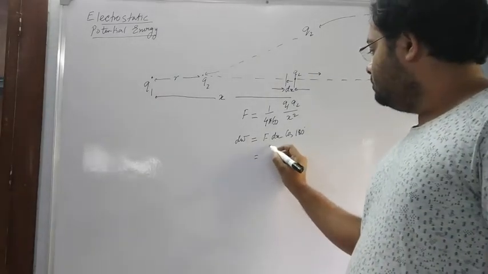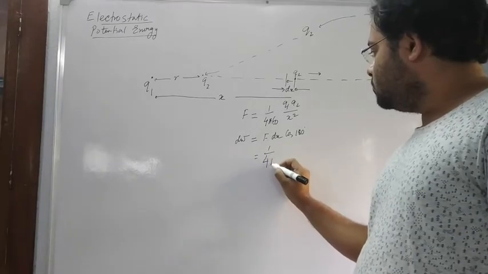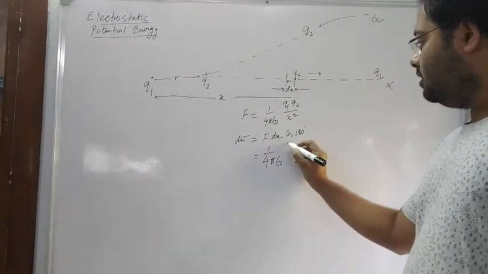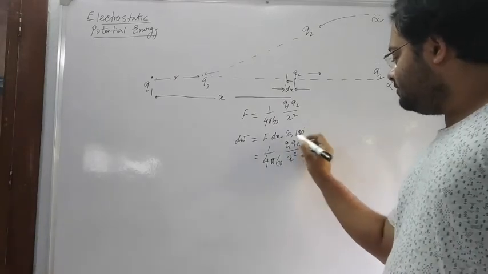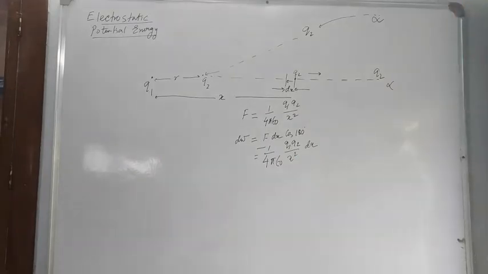You put the value of F. So this is 1 by 4 pi epsilon naught Q1 Q2 by x squared dx, and for this cos 180 there is a negative sign.